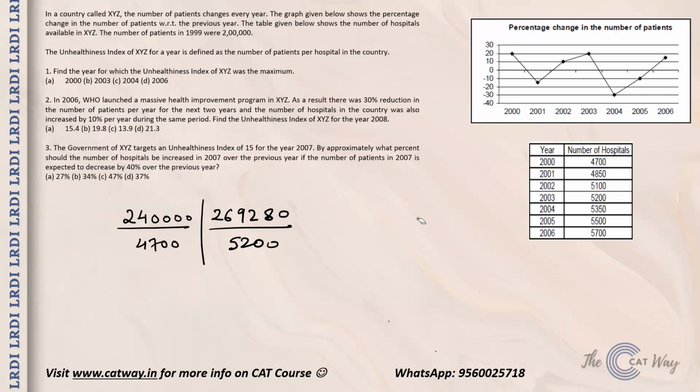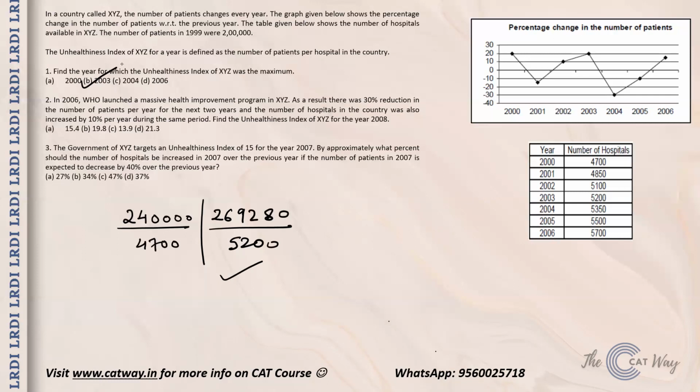The only comparison left is between the years 2000 and 2003. For 2000, the unhealthiness index is 51.06, whereas for 2003 it is 51.78. So 2003 is clearly higher, and option B is the right answer.